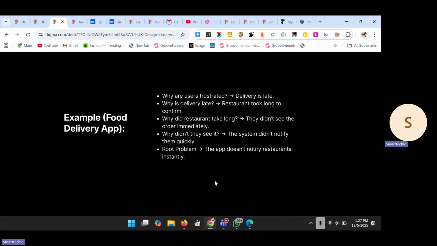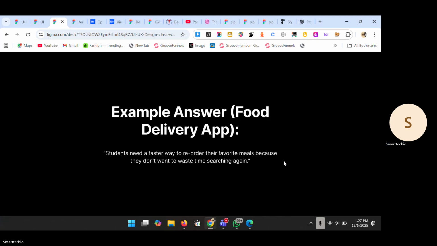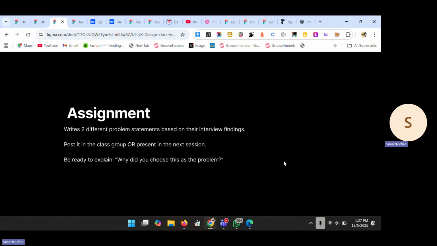Why did the restaurant take long? They didn't see the order immediately. Why didn't they see it immediately? Because the system didn't notify them quickly. So by keeping on asking the question, we get to the root of the problem: the app doesn't notify the restaurant instantly. So these are the ways to get to the root of the problem. Let's proceed.